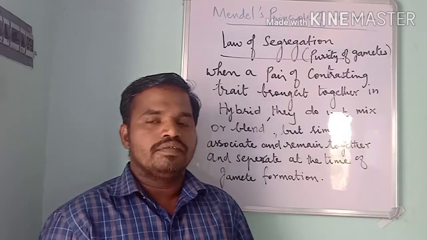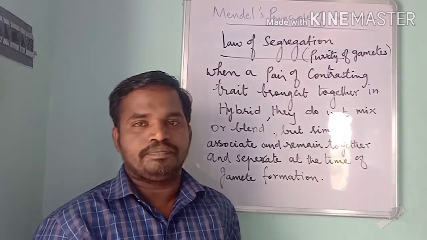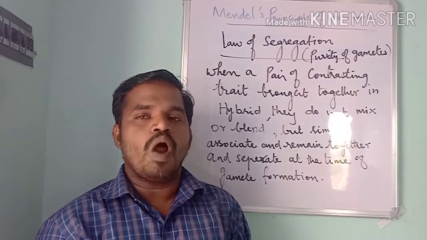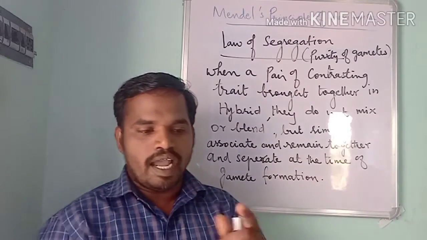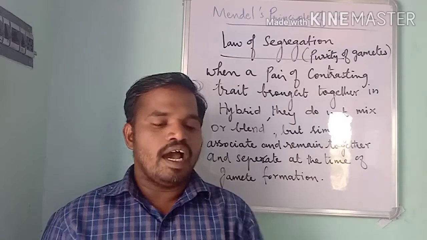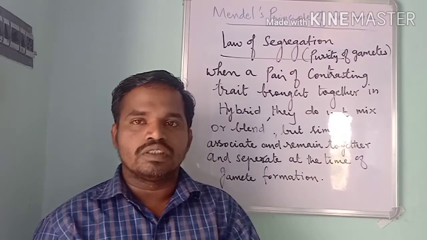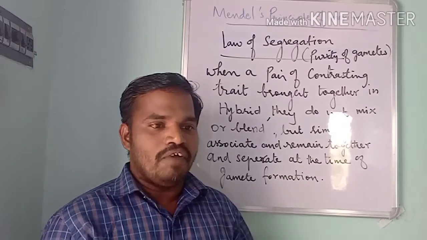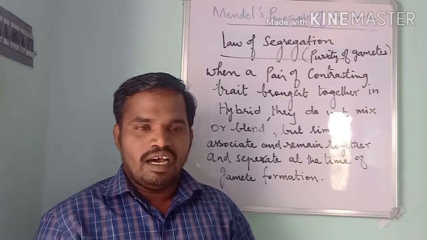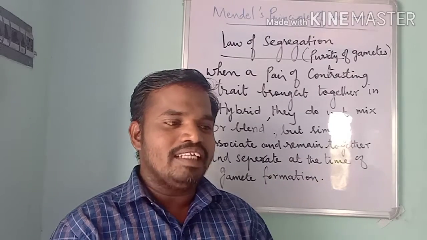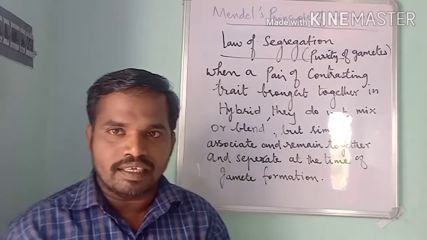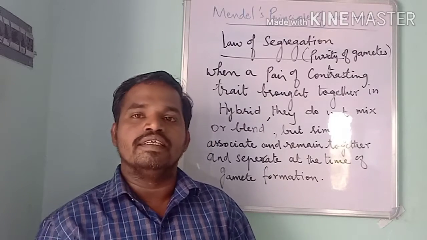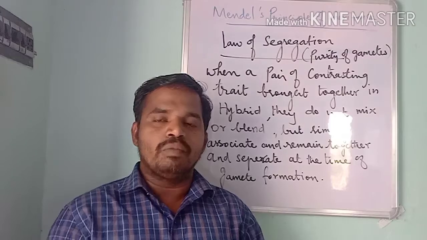So when a pair of contrasting traits are brought together in a hybrid, what happens? The factors of the traits remain united together without mixing, without blending with each other.